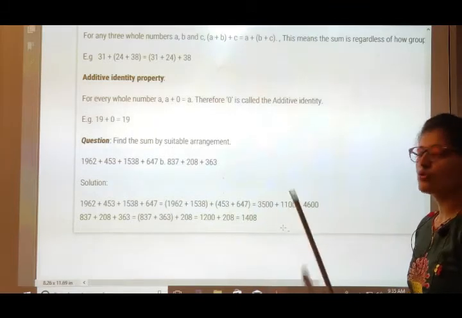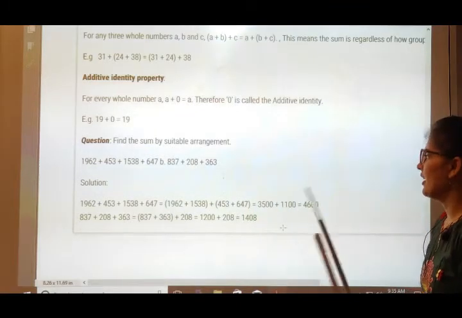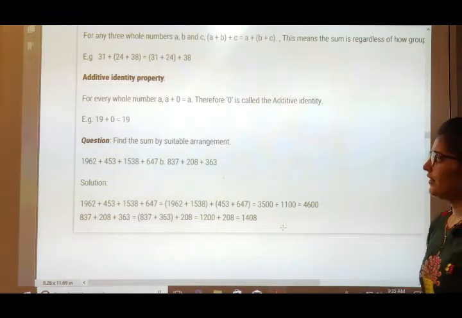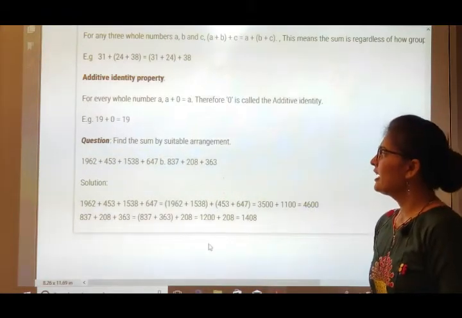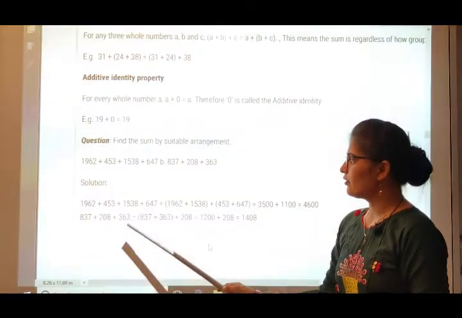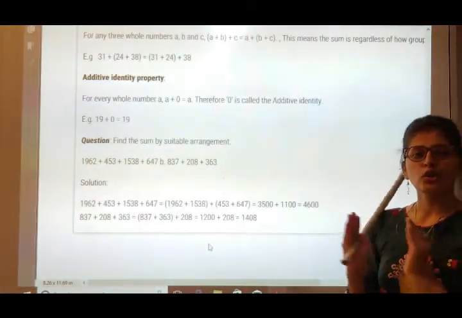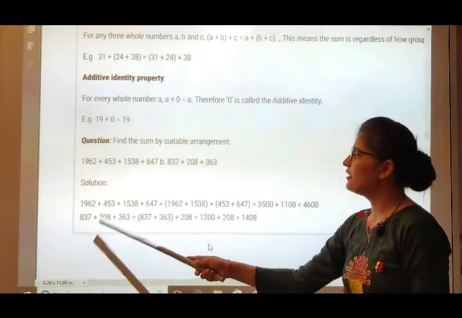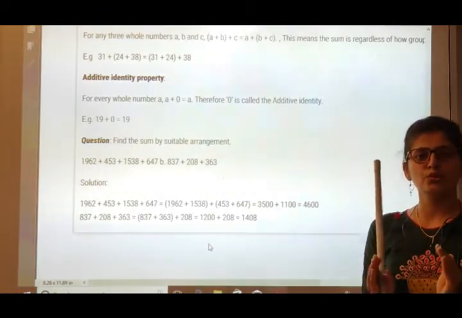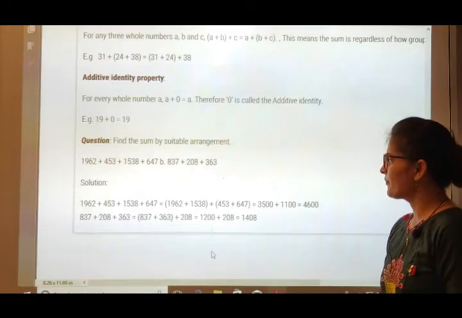Now we will add these two numbers and the final answer will be 4600. In the next one the grouping is also done of two numbers. So when four numbers are given you have to do grouping of two numbers, and when three different numbers are given to you, you also have to do grouping of two numbers.